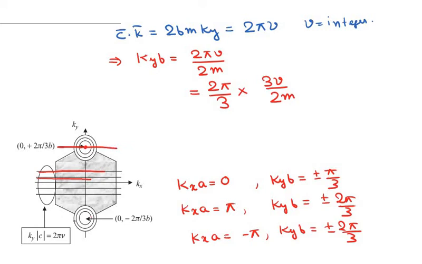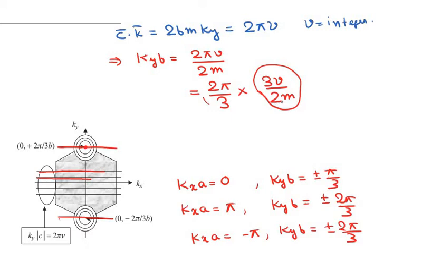In that case this zigzag graphene nanotube would not show any band gap. So if kyb has to be equal to 2 pi by 3, then this factor has to be 1.